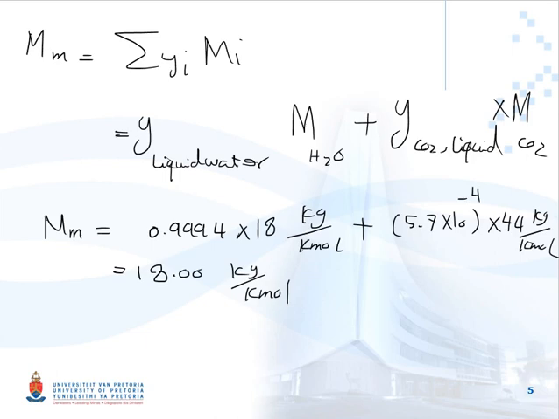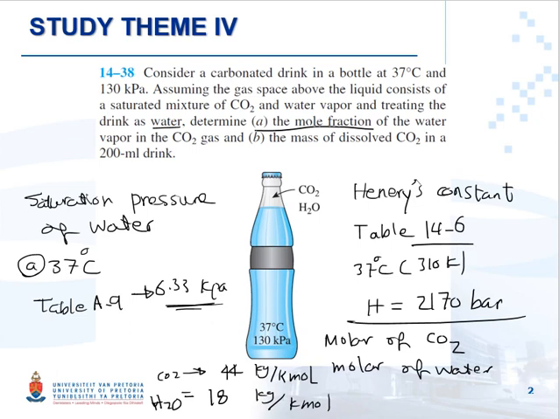So how are we going to find the mass fraction of dissolved carbon dioxide? Because if you remember, we said that we need to find the W of carbon dioxide on the liquid side, and when we find this one, after that we can have what the question is asking, which is the mass of dissolved carbon dioxide in 200 milliliters of drink.